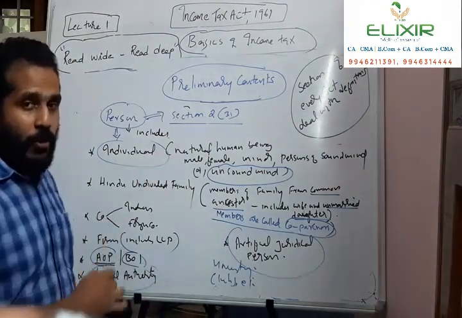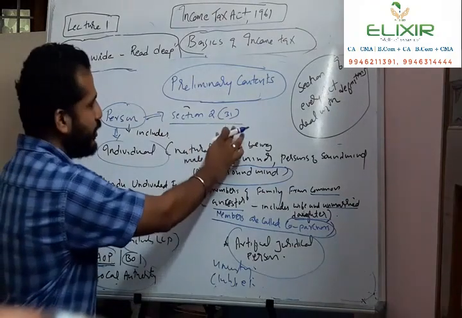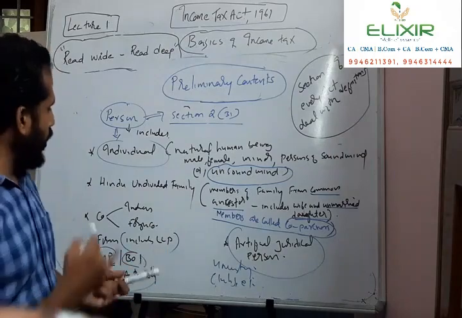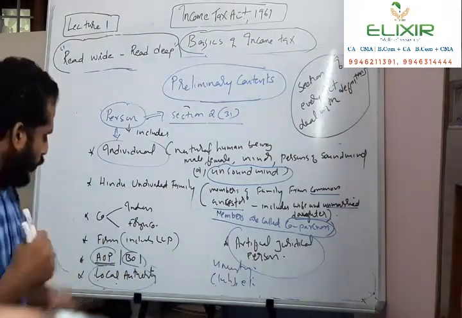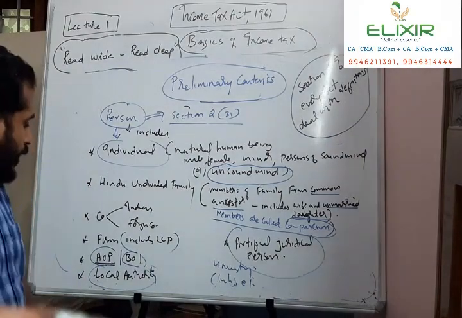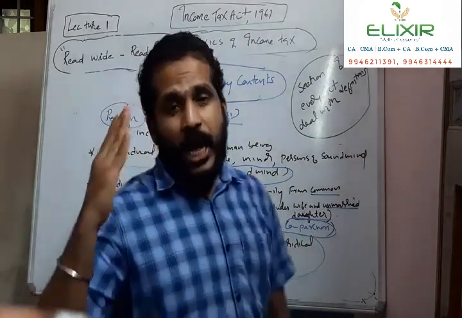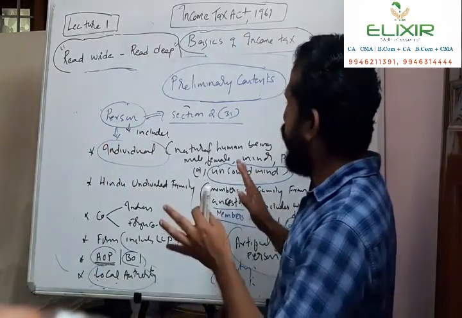So the categories of person as per section 2, subsection 31 of the Income Tax Act can be listed as individual, Hindu undivided family, company which includes Indian company as well as foreign company, firm including LLP, association of persons, body of individuals, local authority, and artificial juridical persons. This is the concept of person.